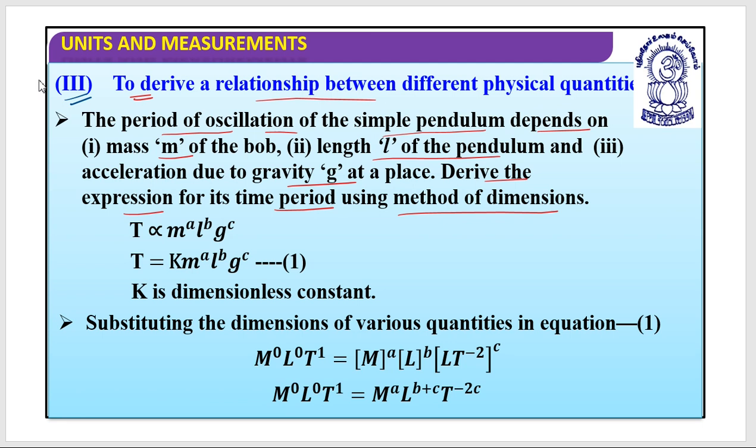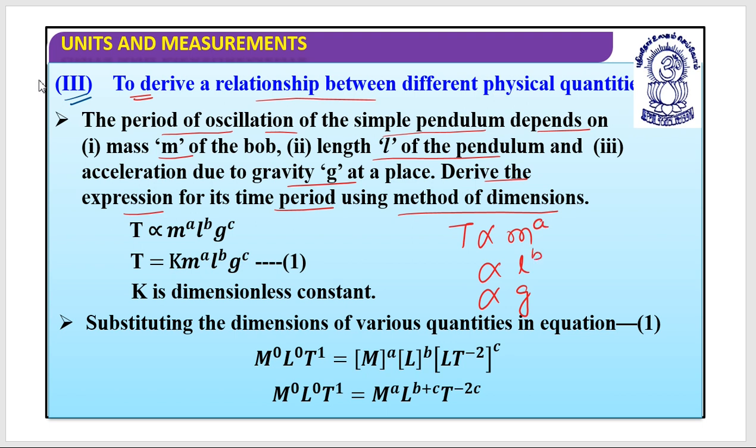So the time period of a pendulum depends on mass, but we don't know the power of that mass. Depends on length L, again we don't know the power, and this depends on g, the acceleration due to gravity at that place, but again we don't know the powers. So I'm just going to give them certain powers.